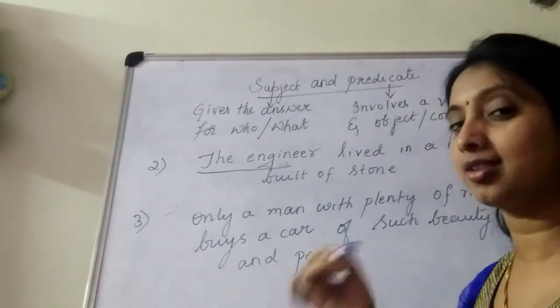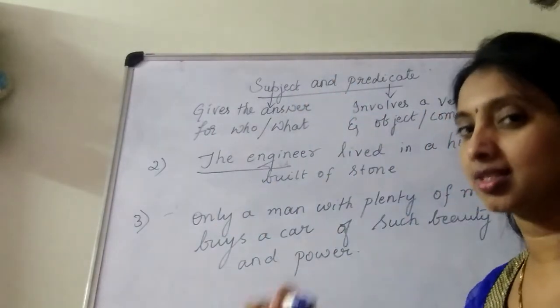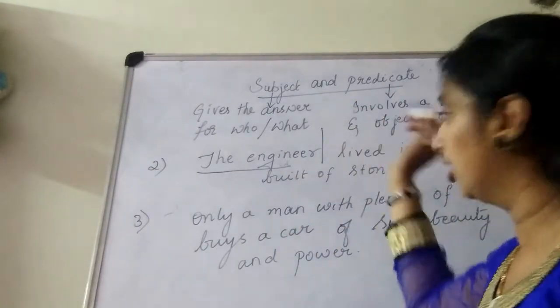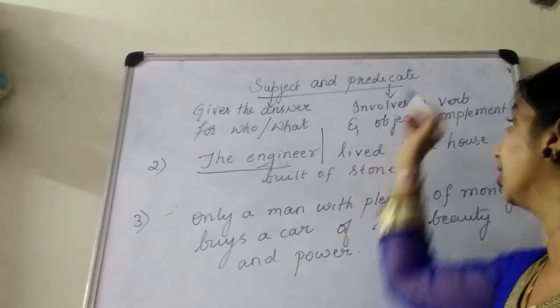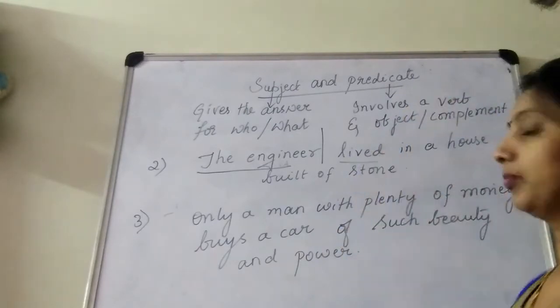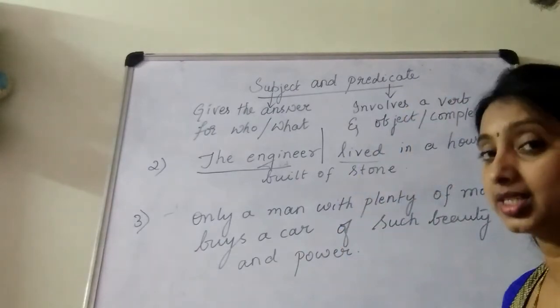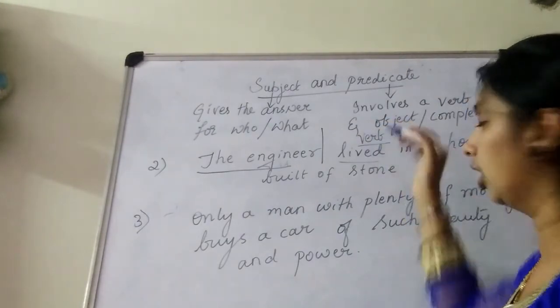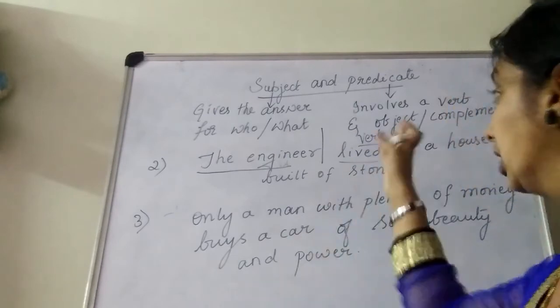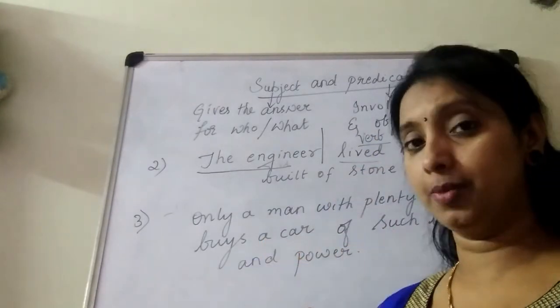I hope you are trying before me and you are getting the answers. The engineer is a subject. Lived in a house built of stone is a predicate. Lived. What is this lived? Lived is a verb. I hope you are not getting confusions with these linking verbs and main verbs.